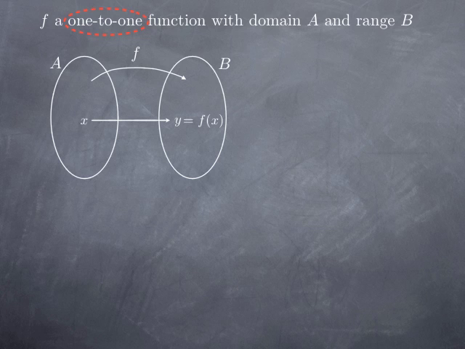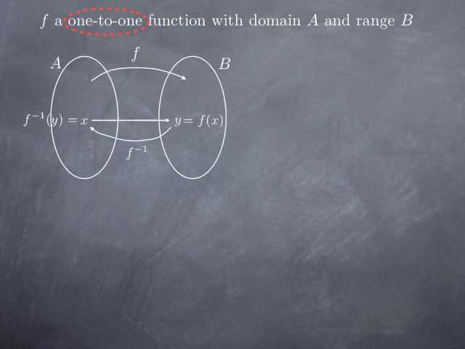In other words, if I take y, there is a unique x in A that is mapped on y. That means I have a function relation that associates to y the unique x that I will denote f inverse of y, where f inverse in symbol is an exponent -1, and x is the unique value in A that is sent on y by f.